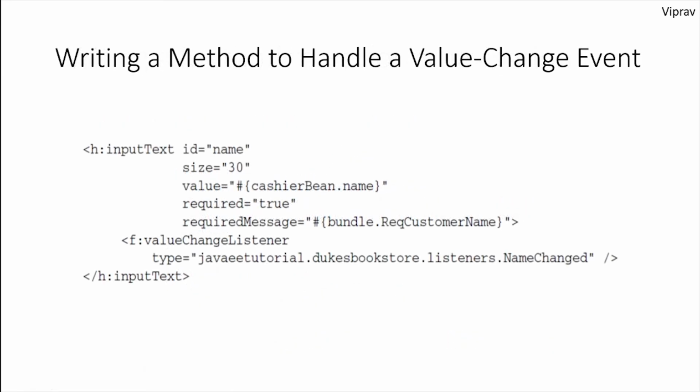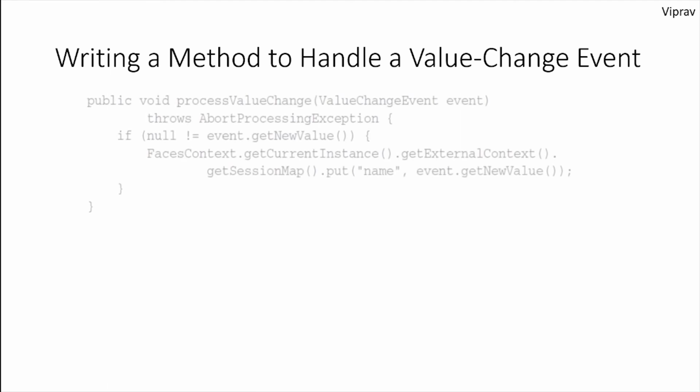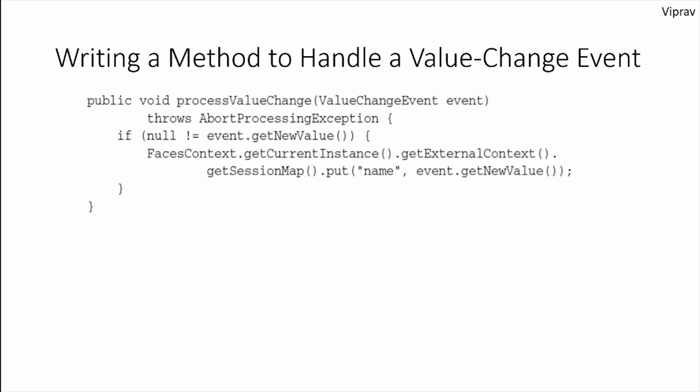Now finally, there's writing a method to handle a value change event. Here you've seen this way of registering a value change listener onto the input text name. We can change this to utilize a managed bean method to listen for a change. In a managed bean, you would have this code right here, which processes the value change. It takes an event and gets the event that's associated with the key name.